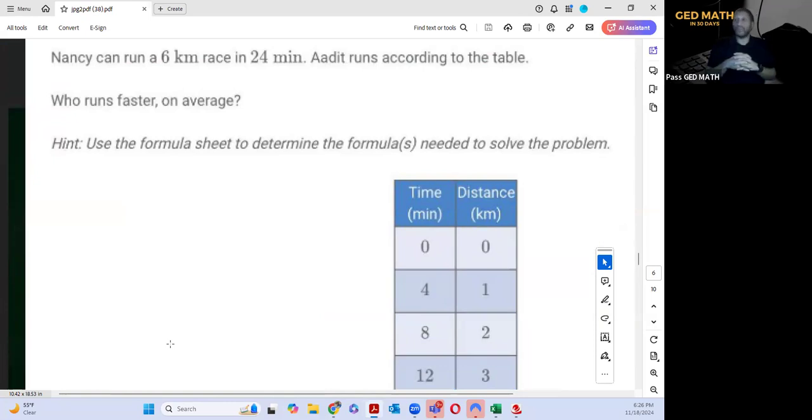Again, it says use the formula sheet to determine the formulas needed to solve this problem. You don't need a formula sheet to do this problem. But can anybody tell me how to do this problem? Where would you start? Nancy can run a 6-kilometer race in 24 minutes. Adit runs according to the table. Who runs faster on average?